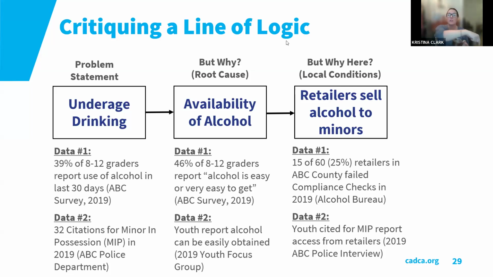And of those 32 cited for minors in possession, from that first data point we saw under the problem statement, they said to the police, I got it from a retailer. So all of these are backing up what we're putting in the box.